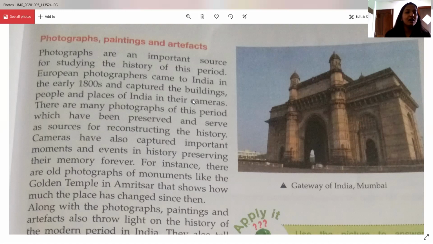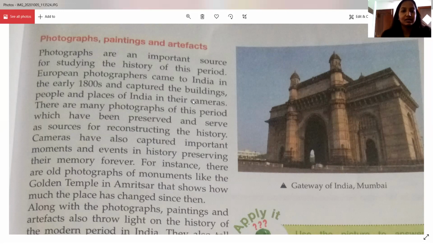And we can see how much of changes is taking place in this particular place. So there are many such photographs. The one that you can see on the right hand side, you see the Gateway of India from Mumbai. So there are a lot of photographs that were taken during this period which reached India.